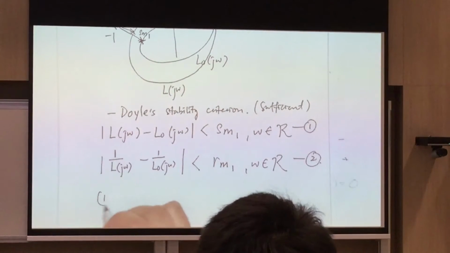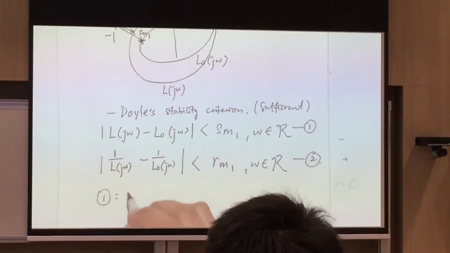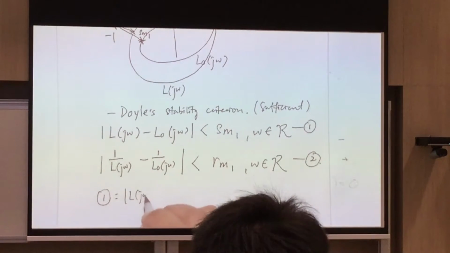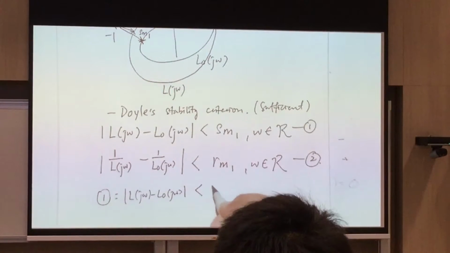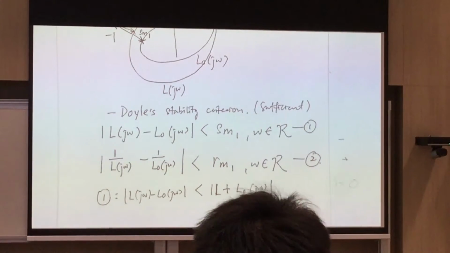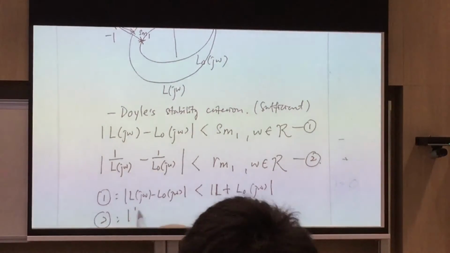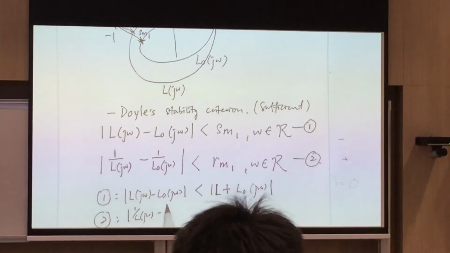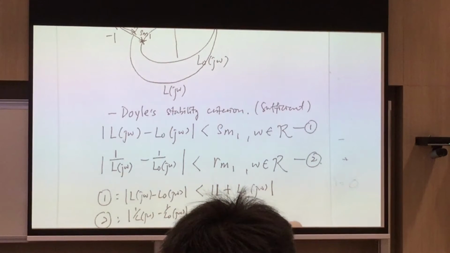So from 1, okay, you can derive that this should be less than 1 plus L. Okay, so equation 2, 1 over L is less than 1 plus 1 over L.